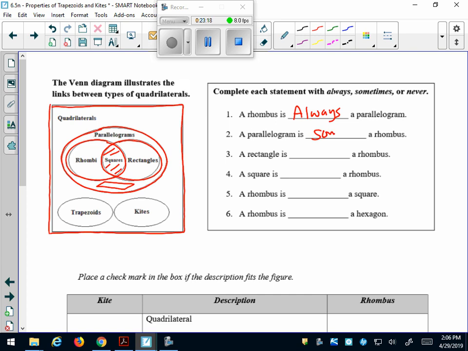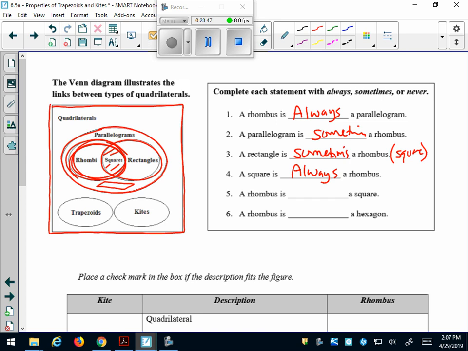Sometimes a rhombus. A rectangle is sometimes a rhombus. When a rectangle's a rhombus, what's it called? A square is blank a rhombus. Always, because the whole category of squares is contained inside the rhombus, right?